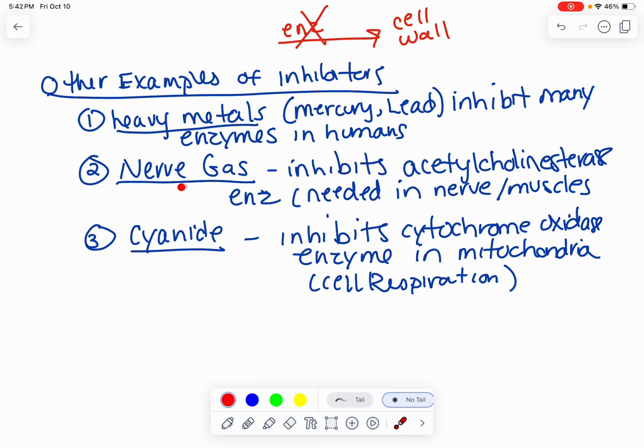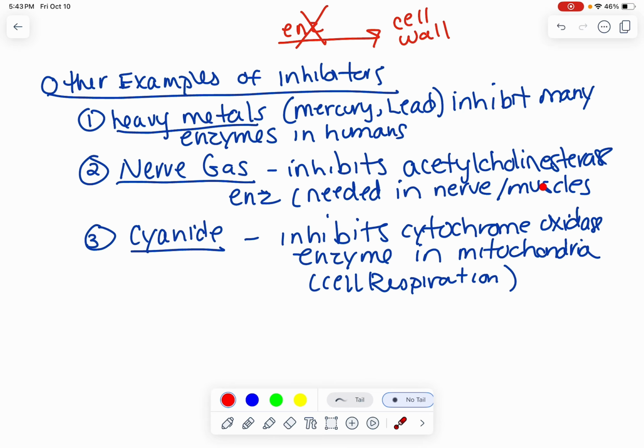Nerve gas, which you might have remembered, they used in, I forget, like in the war. And basically people, when they'd spray this nerve gas, would just suddenly be paralyzed and freeze up and then die immediately. It's because it's an inhibitor that you breathe in, and it inhibits this enzyme acetylcholinesterase, which is an enzyme that is part of nerve and muscle functioning.